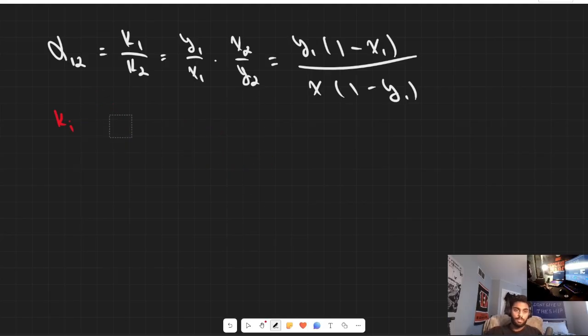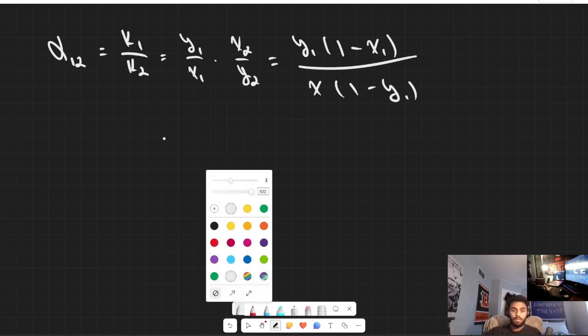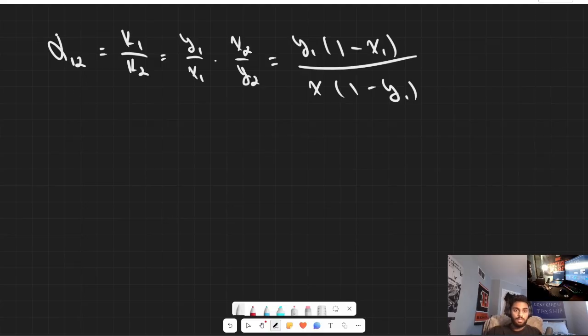So I'm going to get rid of all this so I have a bit more room to reorganize. Essentially now what we have is this relative volatility and this expression here in terms of the vapor phase mole fraction and the liquid phase mole fraction of component 1, the more volatile component. So now I'm going to multiply this denominator over to this side.